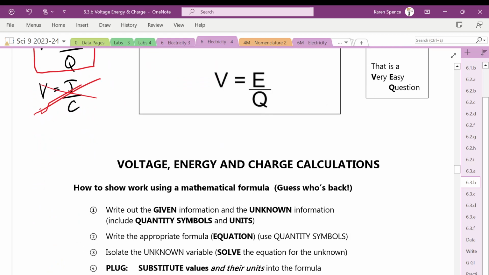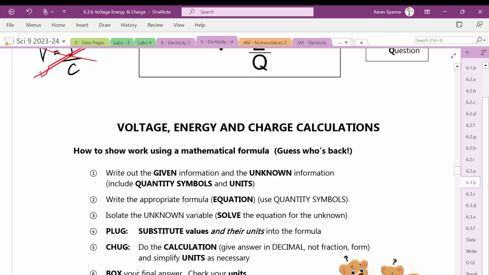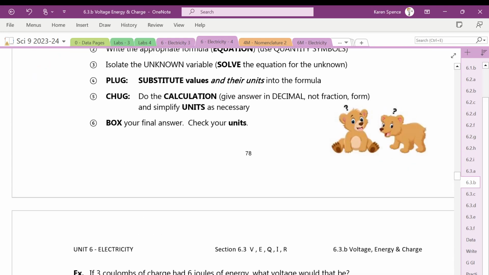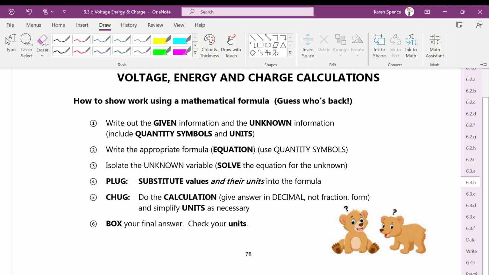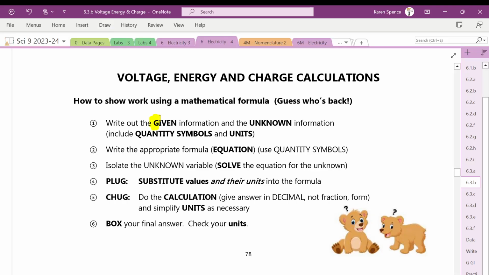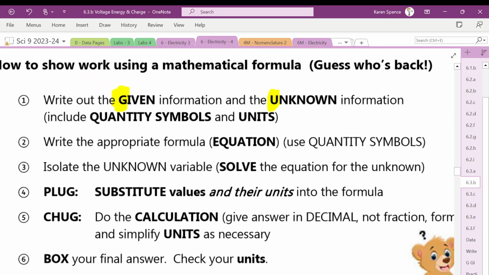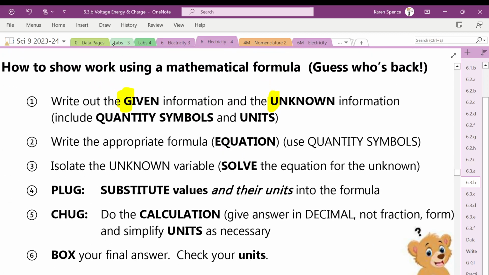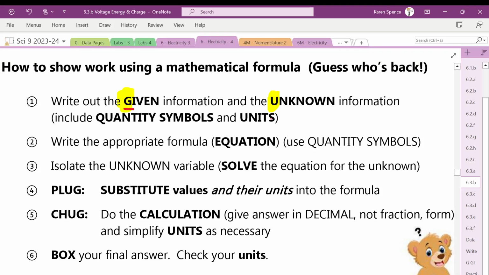So we're going to basically use GUESS CUBS again. Let's see, we have G, the given information, the U, the unknown. So we have our given, we have our unknown.